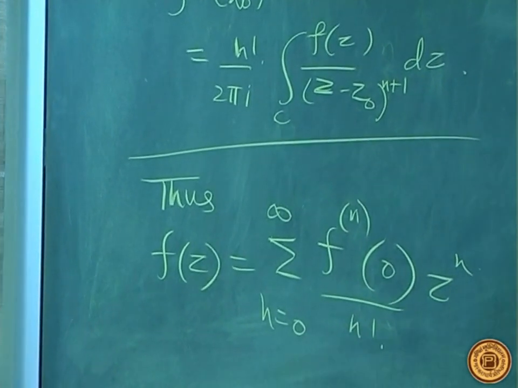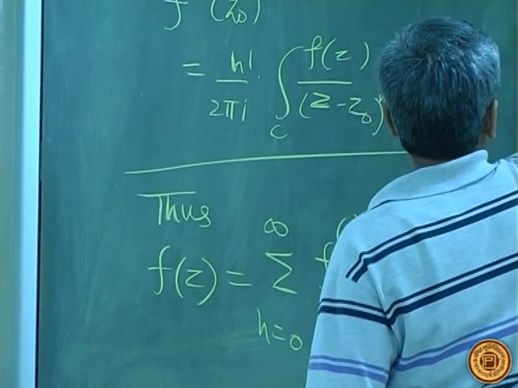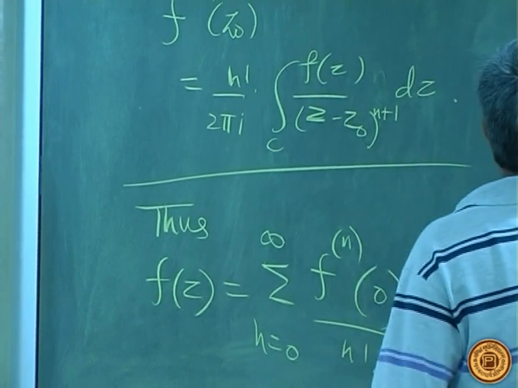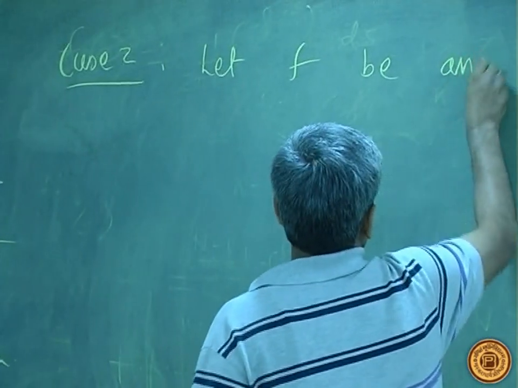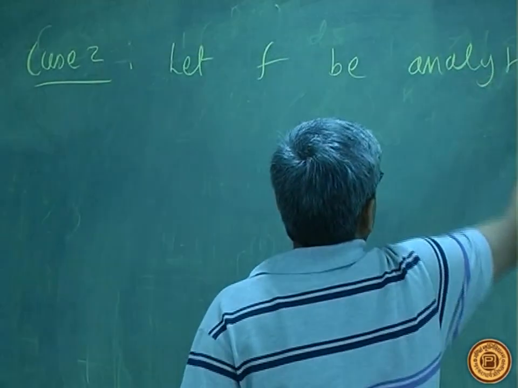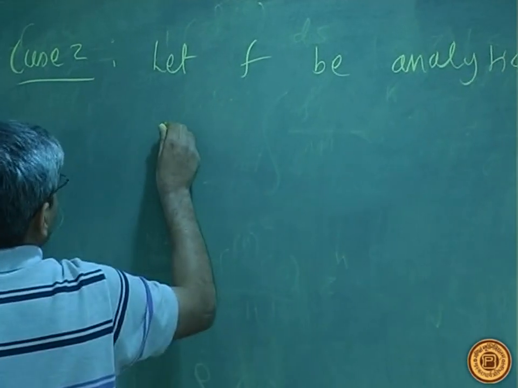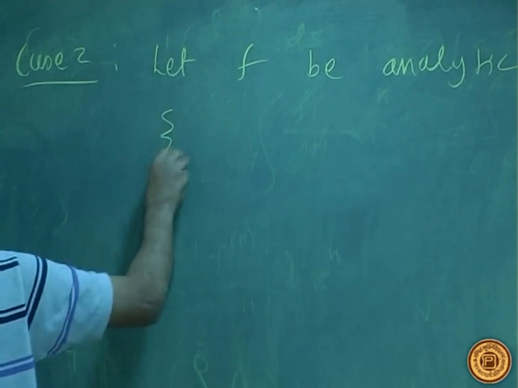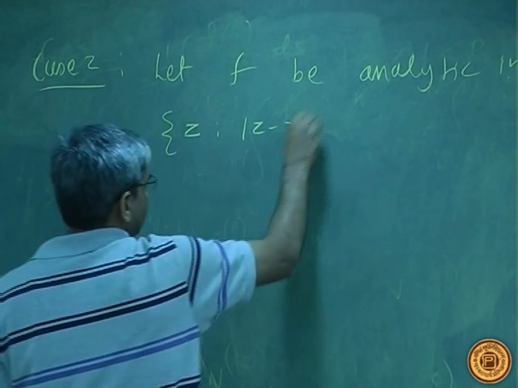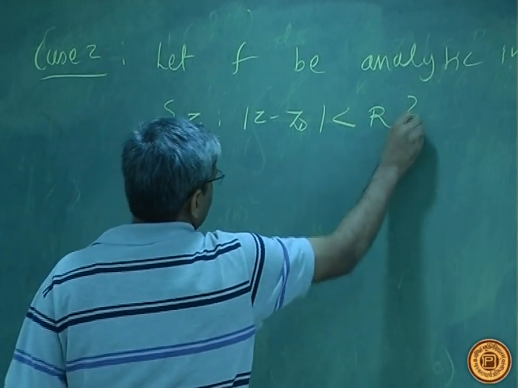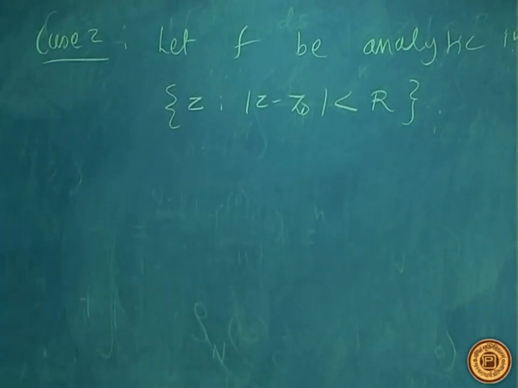Now case 2: instead of 0, let f be analytic in the disk of z such that mod z minus z naught is less than r. Now we have taken a general point z naught.